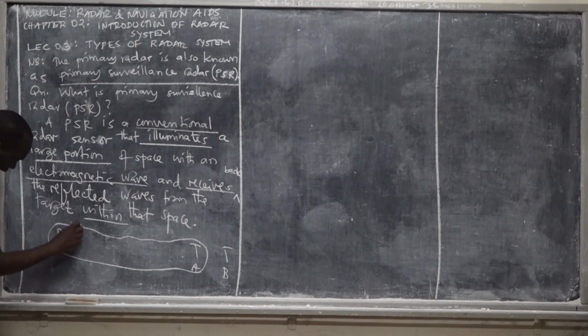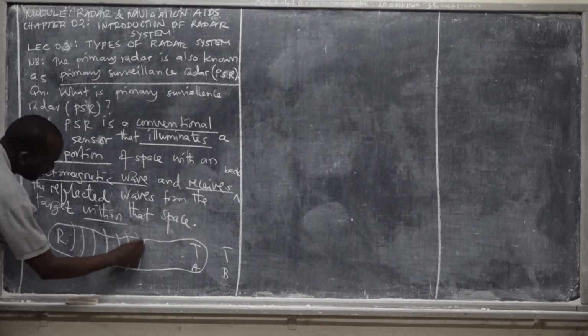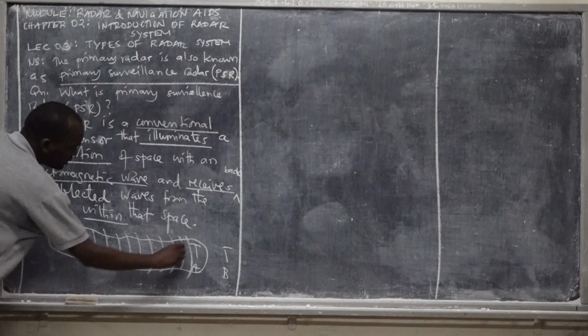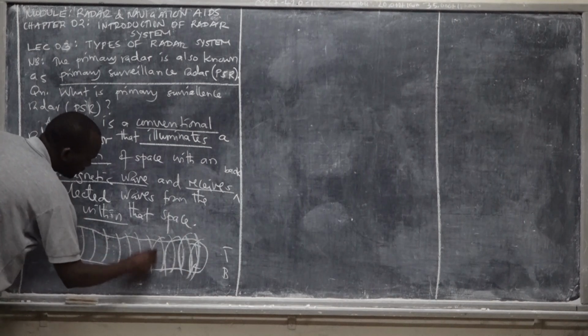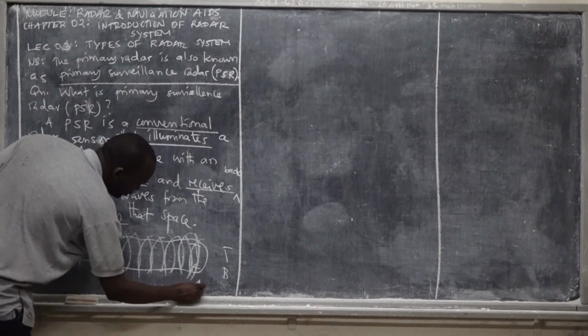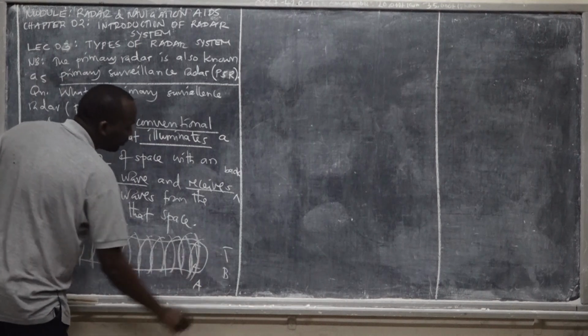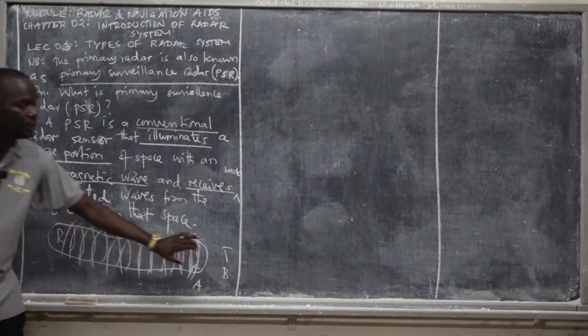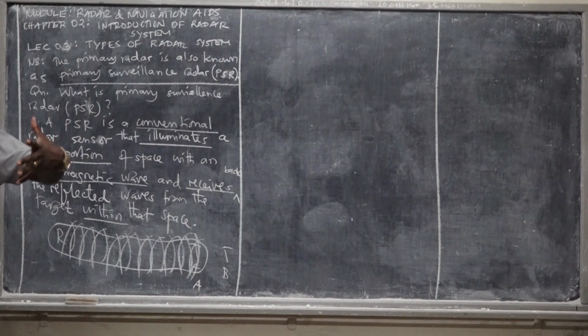Why? The radar will be radiating electromagnetic waves towards the targets, and the targets will reflect some amount of energy. So a target at point A will be detected, but a target at point B will not, because it is out of the space.